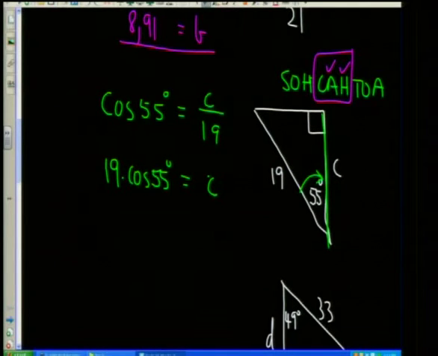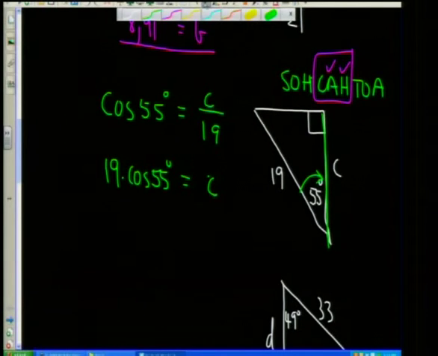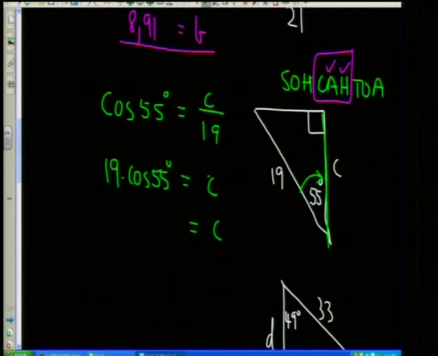Okay. Right, we can go into the calculator. 19 times the cos of 55, and we get 10,90.